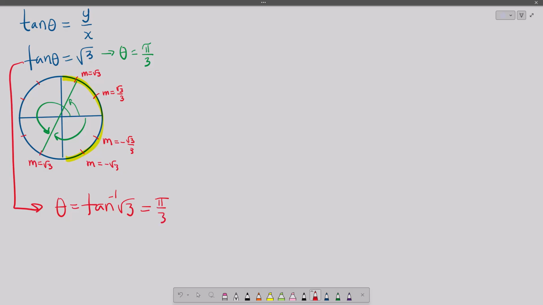The place where it won't be the right answer necessarily is if this was a negative here. If this said inverse tangent is negative root 3, so if we did that, we'd have theta equals inverse tangent of negative root 3. That answer, if we stay on the right, would be negative pi over 3, and that's not the smallest positive angle.